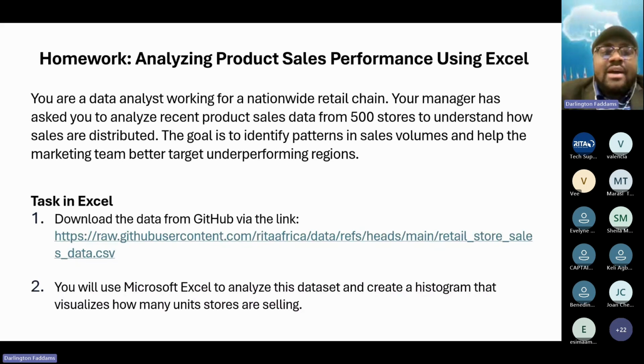It says that you are a data analyst working for a nationwide retail chain. Your manager has asked you to analyze recent product sales data from 100 different stores to understand how sales are distributed. The goal is to identify patterns in sales volume and help the marketing team better target underperforming regions.